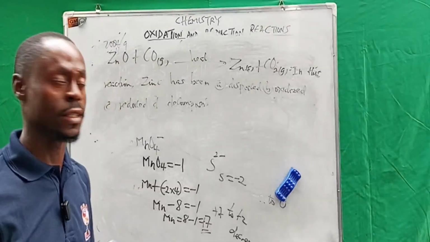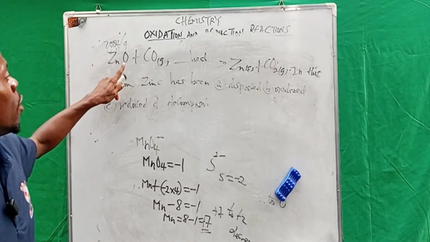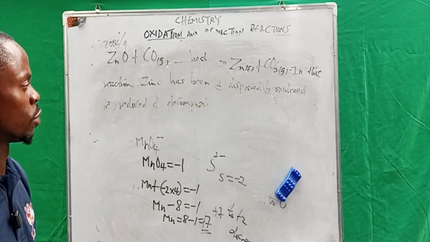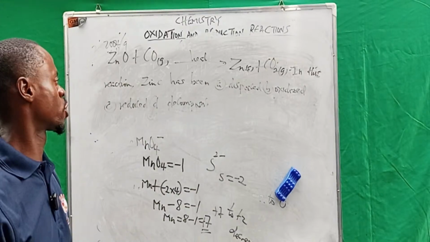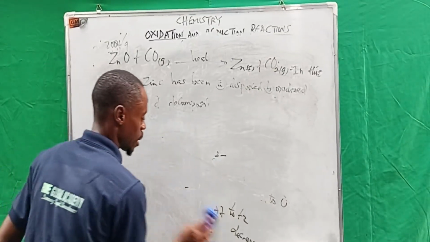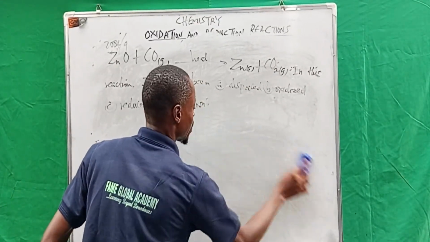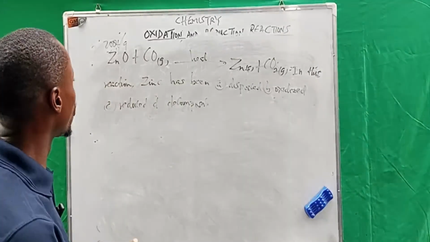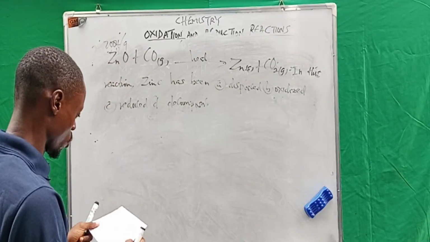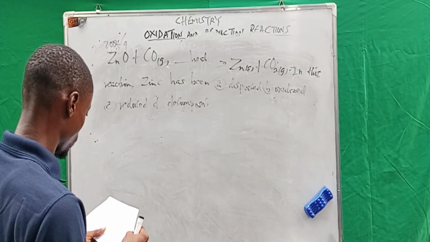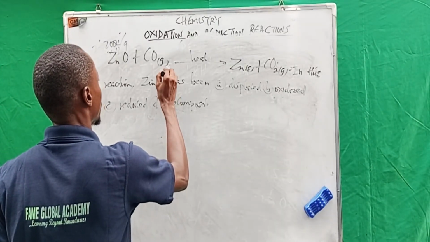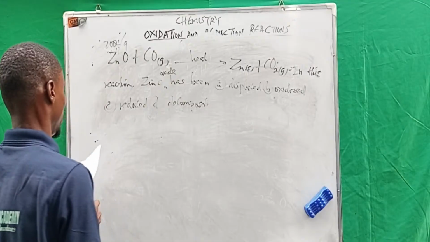Let's look at this question on the board. The question says, zinc oxide plus carbon(II) oxide, on heating, will give Zn plus CO2. It says in this reaction, zinc has been... all right, let's look at it critically. How do we identify or know the role of zinc oxide in this reaction?